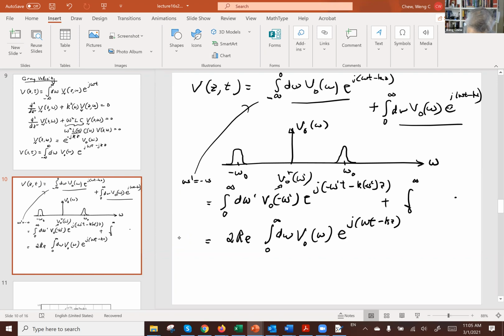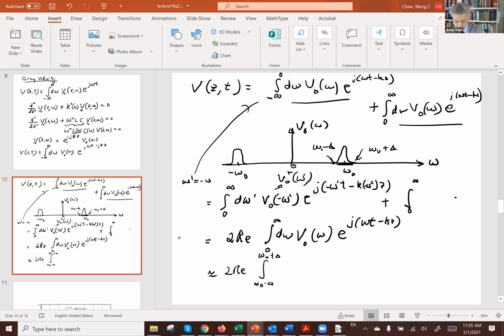And now you know that you only need to integrate from 0 to infinity, but because the signal is narrow band, you need to integrate over a small bandwidth. So it will be omega naught minus delta to omega naught plus delta.